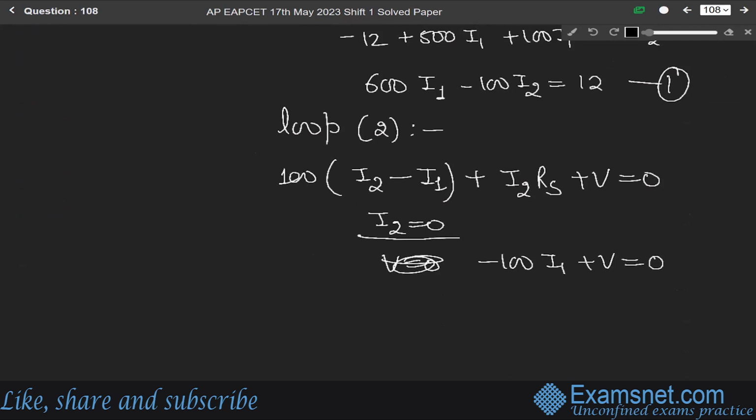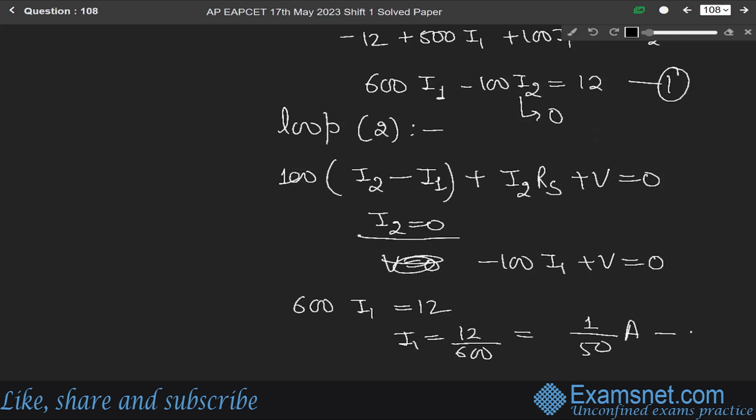Okay. So putting the value of I2 equals 0 in equation 1, we get 600 I1 equals 12. So I1 will be equal to 12 over 600, which is 1 over 50 ampere. Let us say this is equation 2.